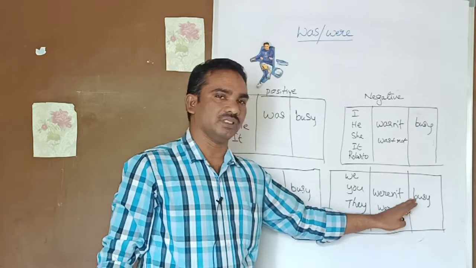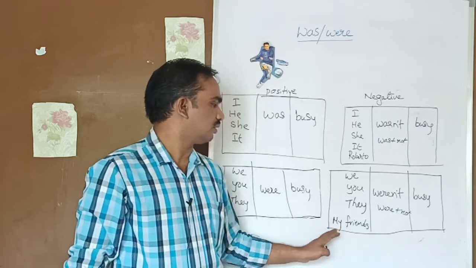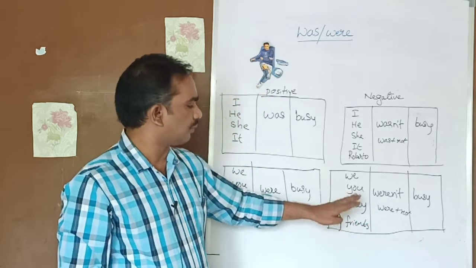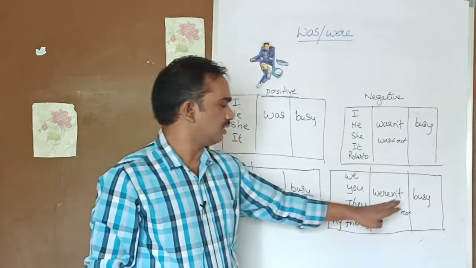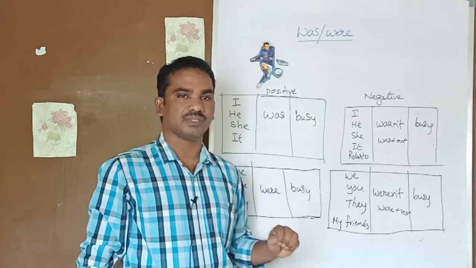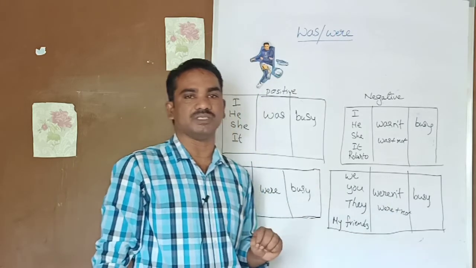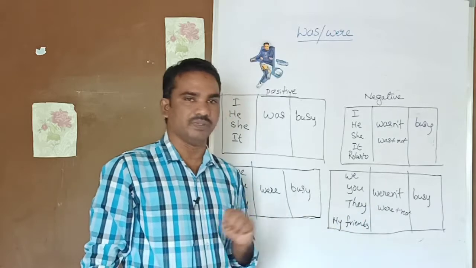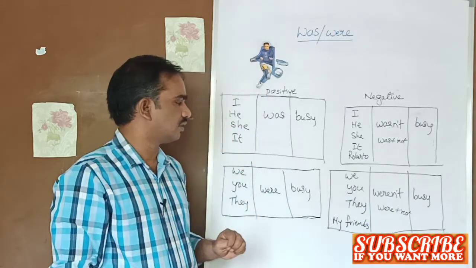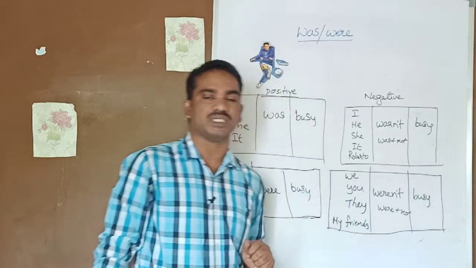You weren't busy, we weren't busy, they weren't busy, my friends weren't busy. So this is a plural noun. When the plural subject comes, you have to use weren't. For example, my parents weren't busy, my children weren't busy, my colleagues weren't busy, my teachers weren't busy, my neighbors weren't busy. So you can keep other words here and make more sentences.